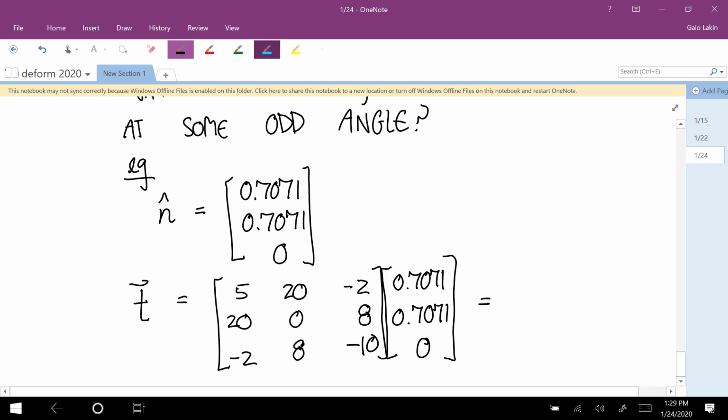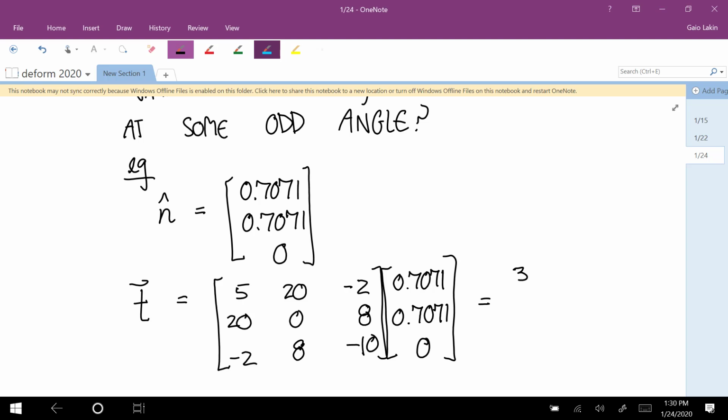Well, I could have done this with easier numbers, that's for sure, but I can do it though. Watch this. That's 5 times 0.7071, 3.535, plus 14.14.